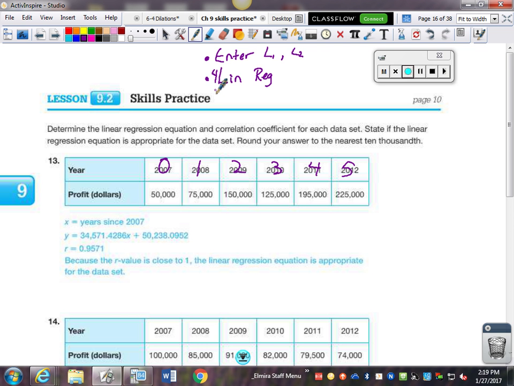That's choice 4 in the calculator. I want you to write down your correlation coefficient. And at that point, decide linear or not linear. Okay? And write that down.